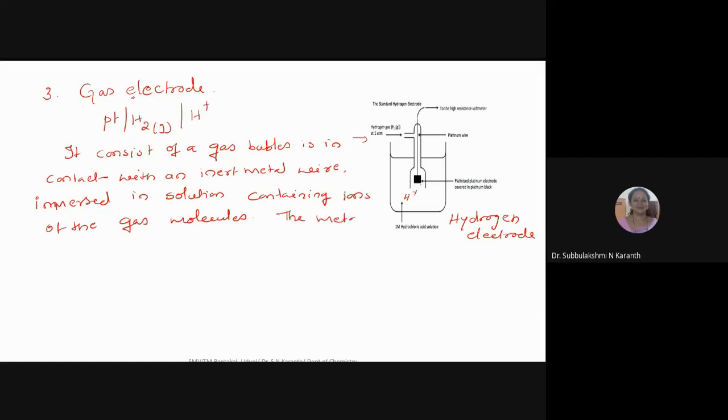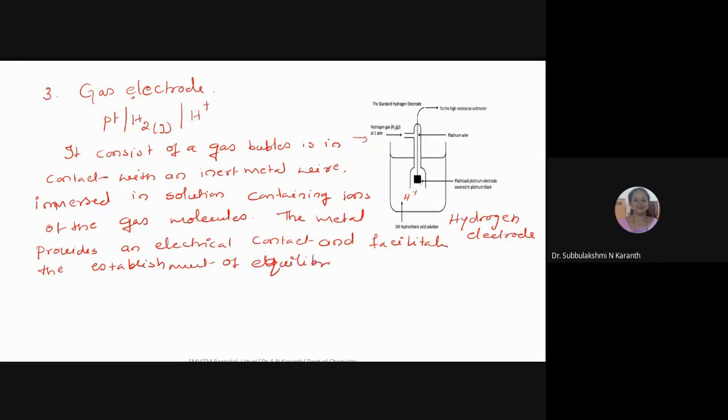The metal, which is platinum, provides an electrical contact and facilitates the establishment of equilibrium between the gas molecule and its ions.